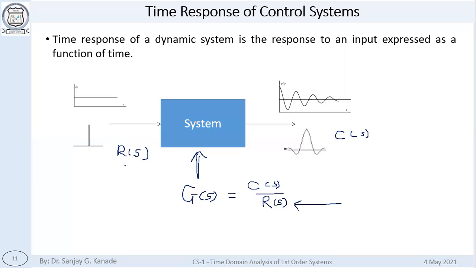R of S is the Laplace of the input. So if it is a delta, then R of S will be 1. If it is a step, means U of t, mostly these two will be used. Then R of S will be 1 by S.